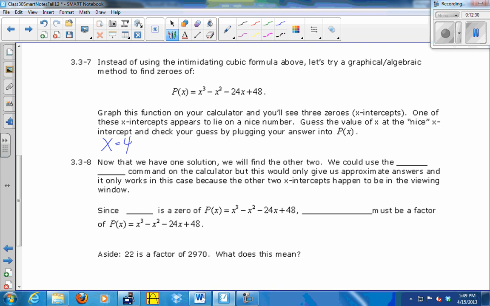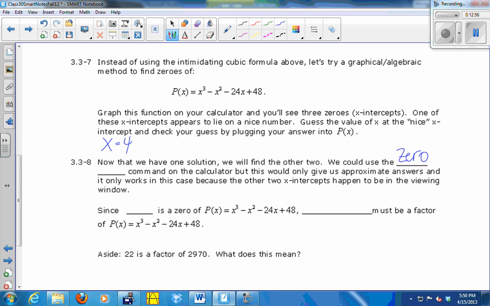Okay, so now that we have one solution, we're going to find the other two algebraically. So we use our calculator to get the nice one. We could use the 0 command on our calculator to get the other two, right? I could do the exact same thing as I did for this one. But the problem is that it's only going to give us an approximate answer, a decimal, because they're not nice whole round numbers like 4 is.